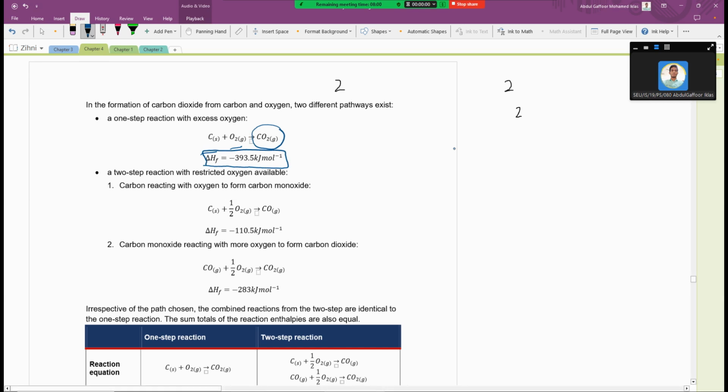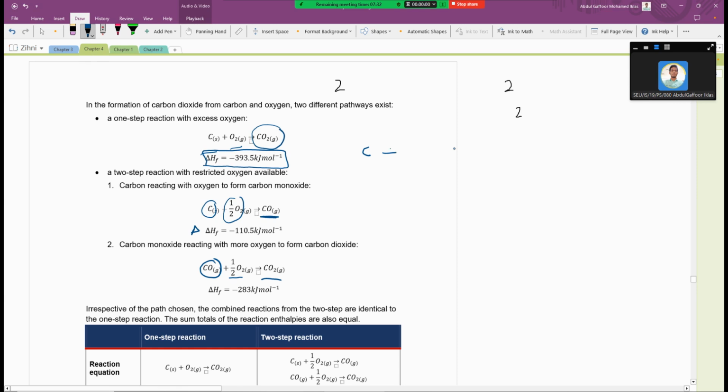But if the reaction happens in two steps, first let's say carbon reacts with half mole of oxygen and produces carbon monoxide, and then carbon monoxide reacts with another half mole of oxygen to produce carbon dioxide. Now this is delta H1.